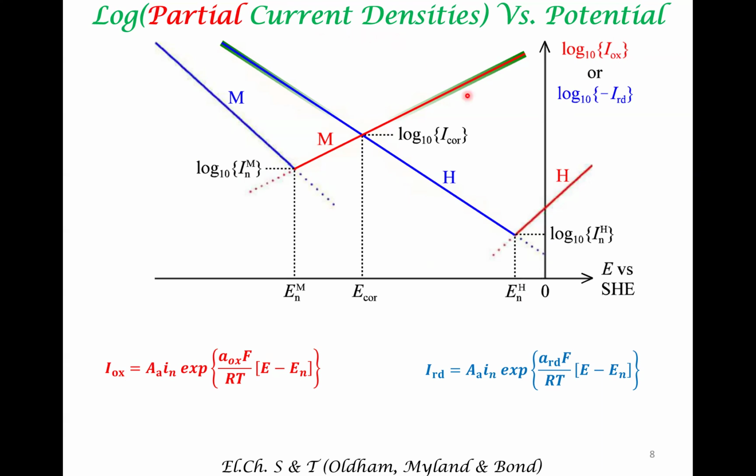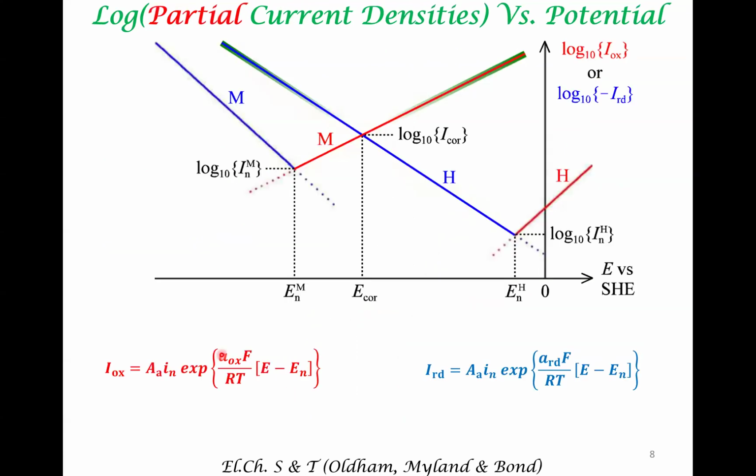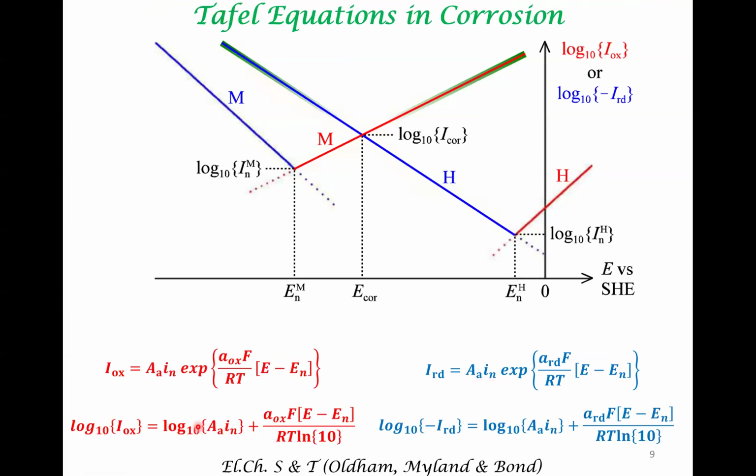Most of the time we are just plotting the current and not the current densities. You can plot the current with respect to change in potential, because the nature of the current changes as you cross the null potential, and the slopes also get modified. Because we have this exponential form, you can take a logarithm and represent the log of i ox in terms of this component and this component.